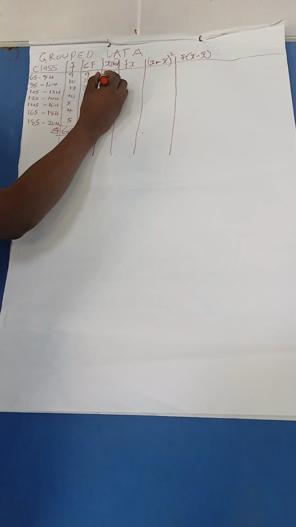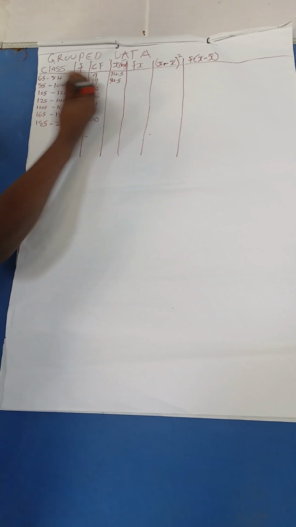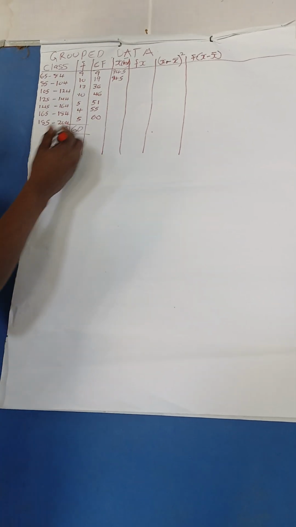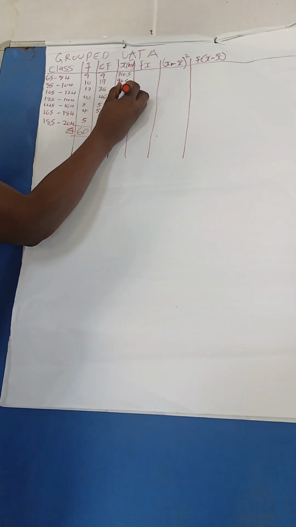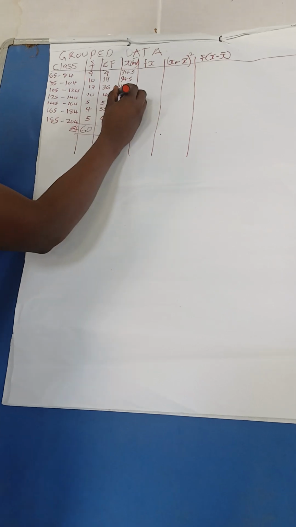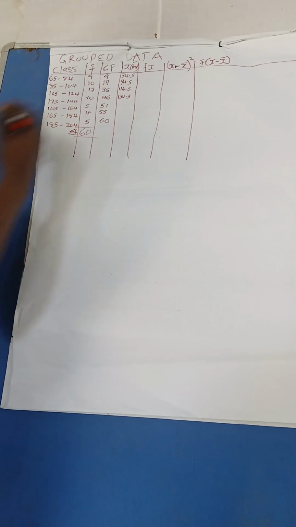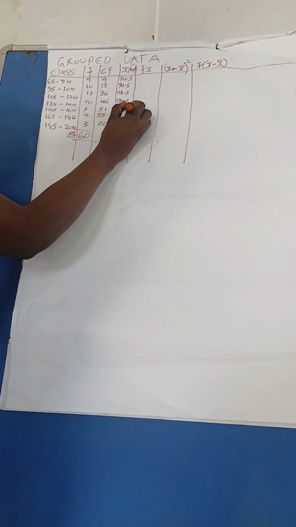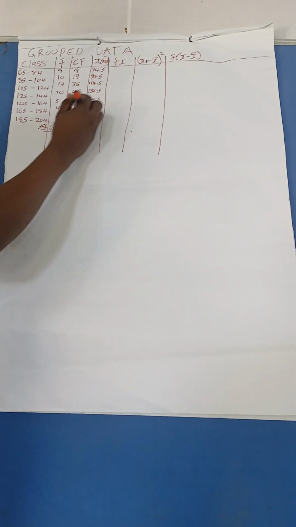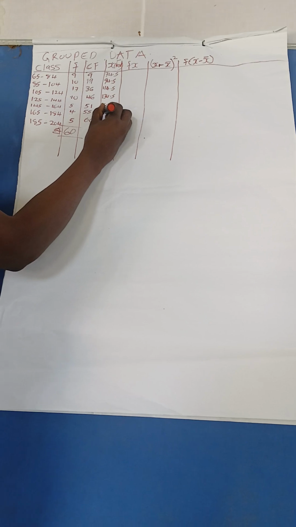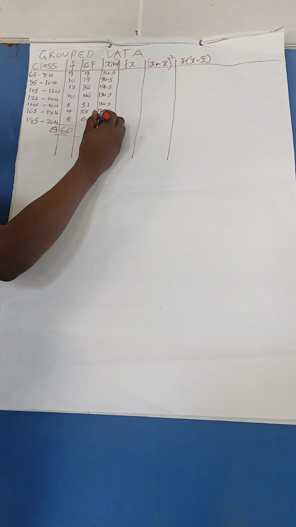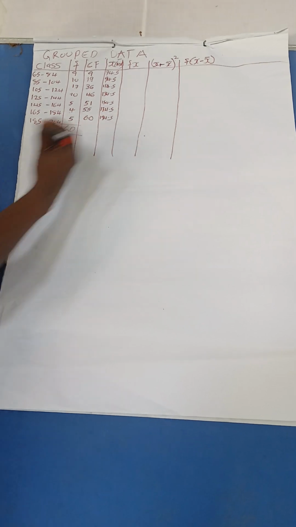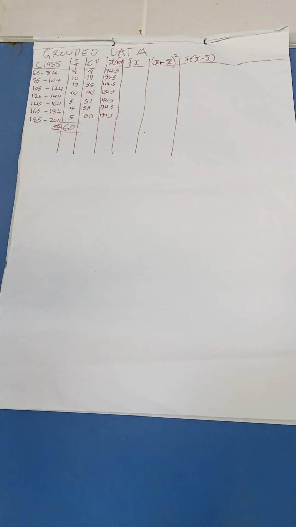The next one will be 94.5, then 114.5, then 134.5, then 154.5, then 174.5, and the last one will be 194.5. That is the midpoint.